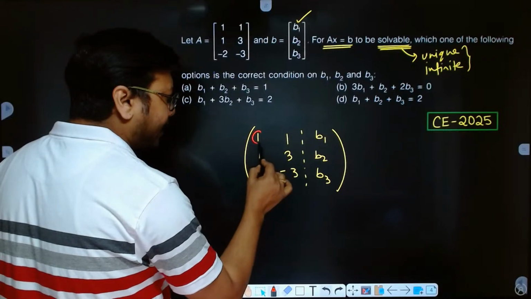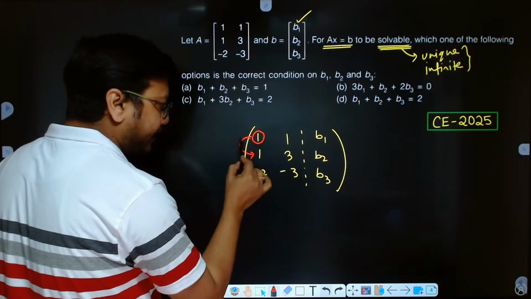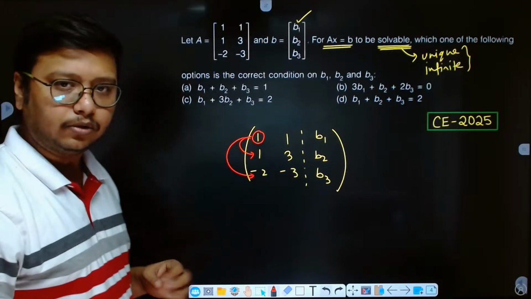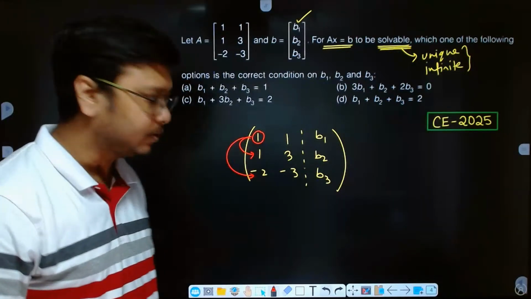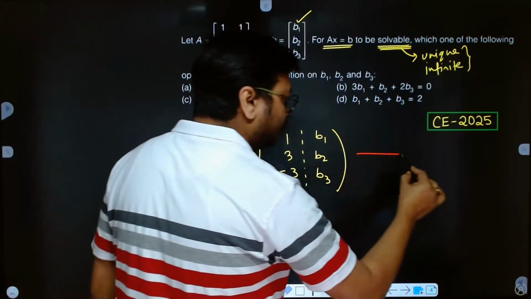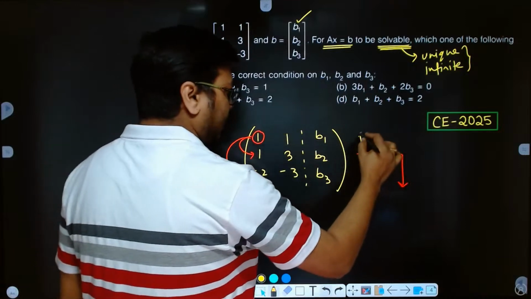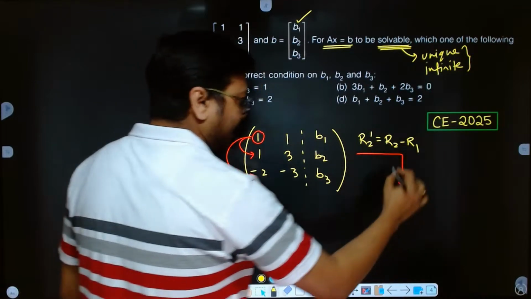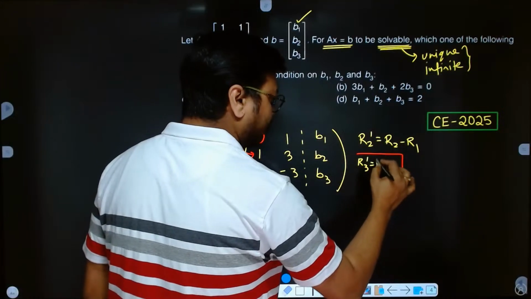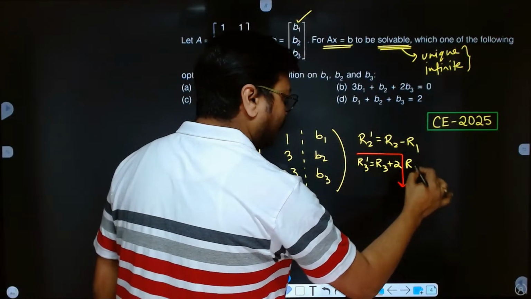The first thing to find a rank was, with the help of this one, we'll try to make these positions 0. We try to make the elements below the first non-zero element 0. So for that, I have to do the operations R2' equals R2 minus R1, and R3' equals R3 plus 2 times R1.